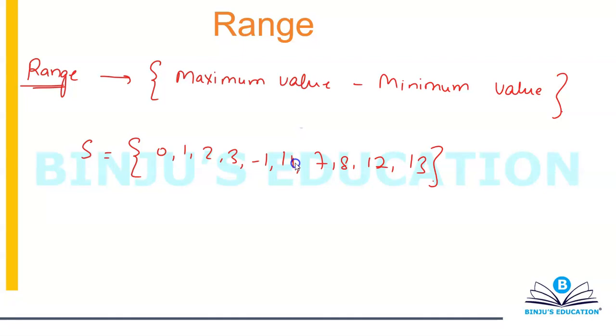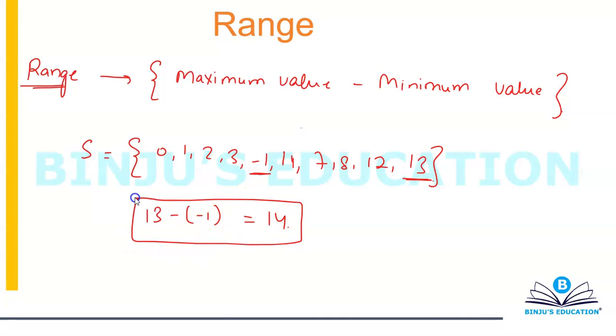In this case, the maximum value is 13 and the minimum value is minus 1. So the range is 13 minus minus 1, which is equal to 14, and that's your answer.